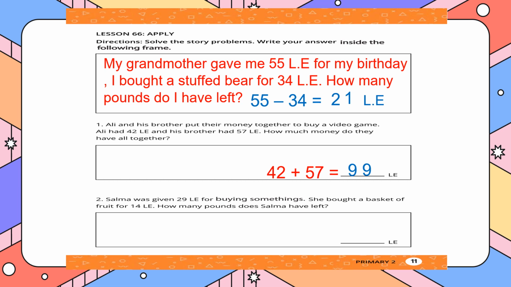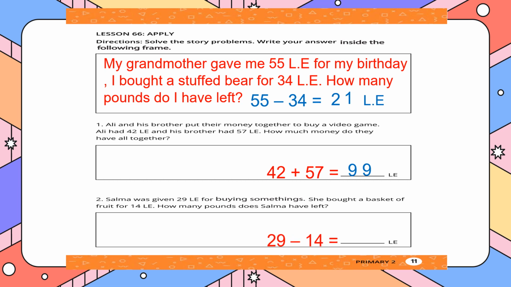Next one. Salma was given 29 LE to buy something. She bought a basket of fruit for 14 LE. How many pounds does Salma have left? Left, as we said, is a keyword for subtraction.